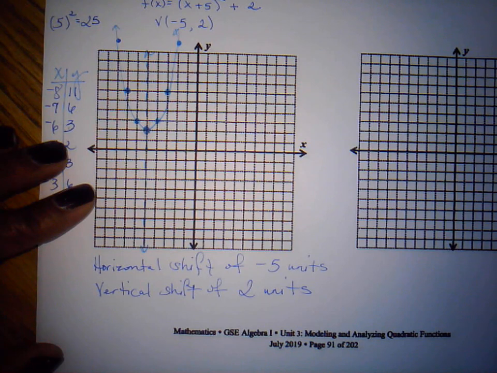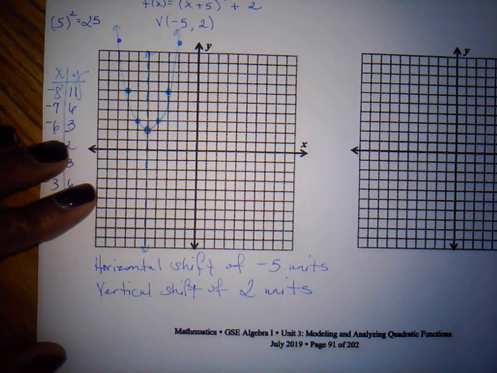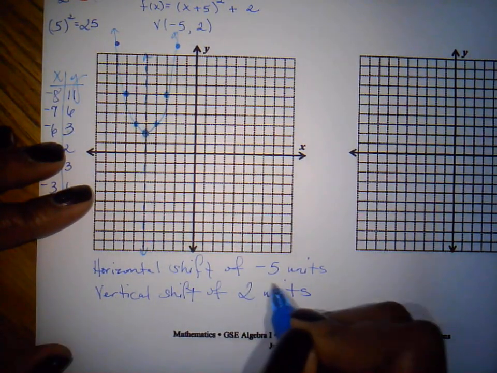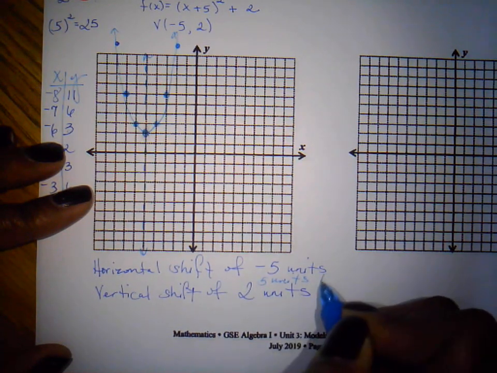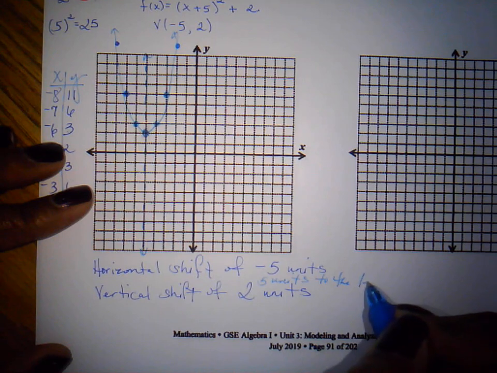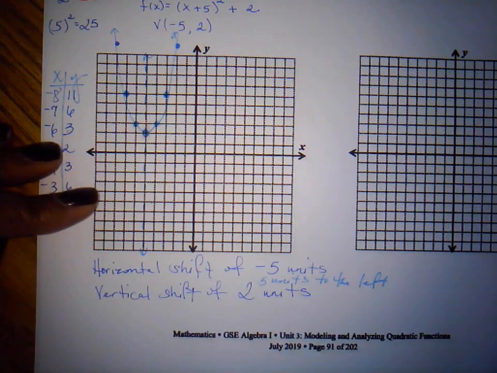How we feel? Okay. If you like to say, what did you say, Torn? Horizontal shift of 5 units to the left. You can say that. If that makes you feel better, by all means, do it. It's still right. Okay?